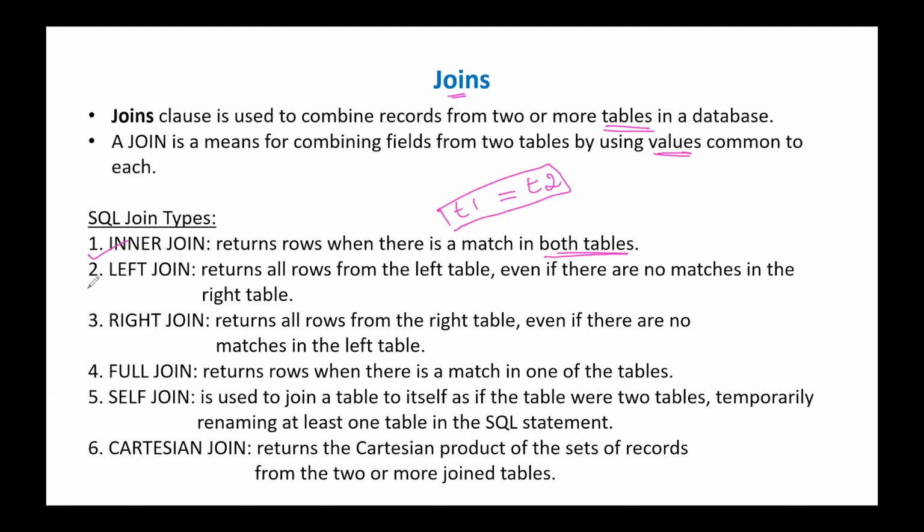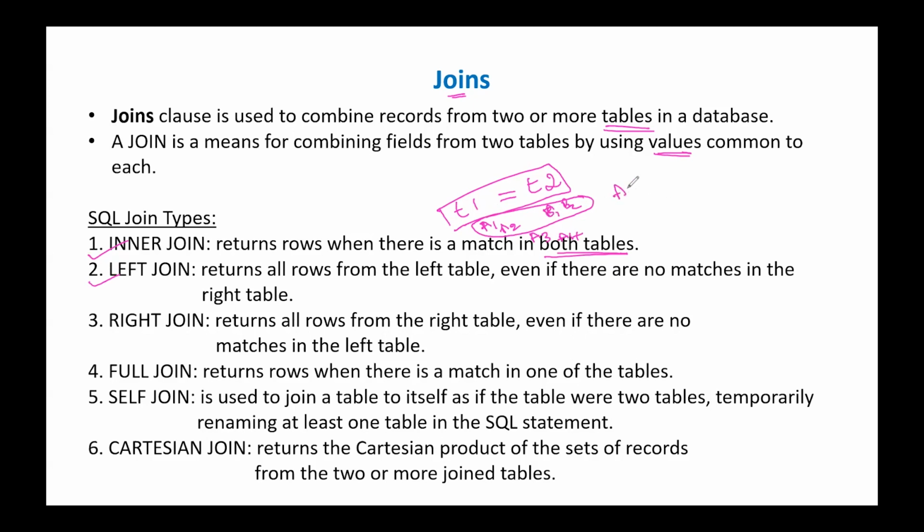Left join is, for example, if I take the same example, T1, suppose the attributes A1 and A2 of certain tuples are matching with B1 and B2. Then I will display these as well as the rest of the attributes, for example A3 and A4, the other attributes present in this table.